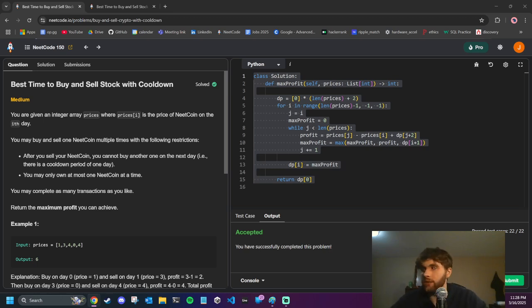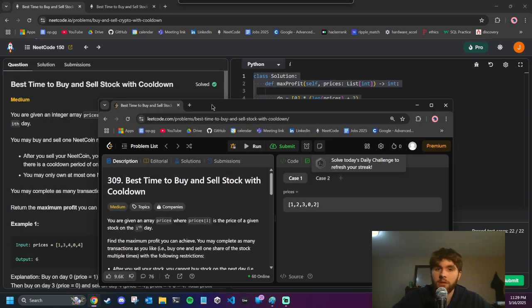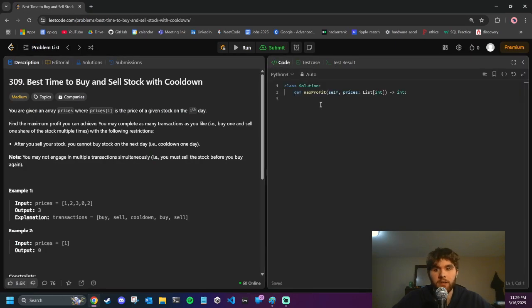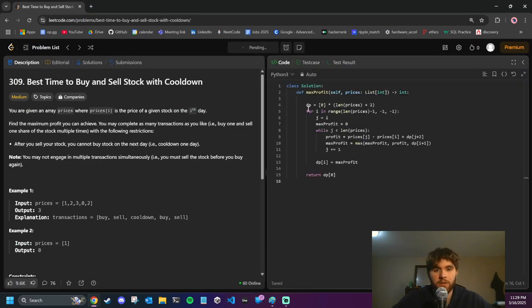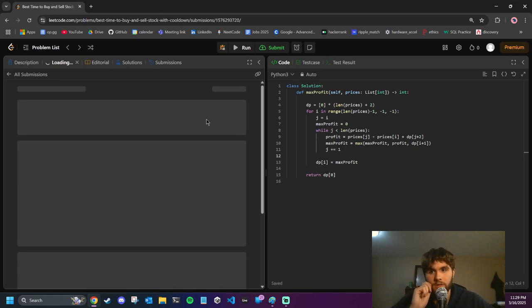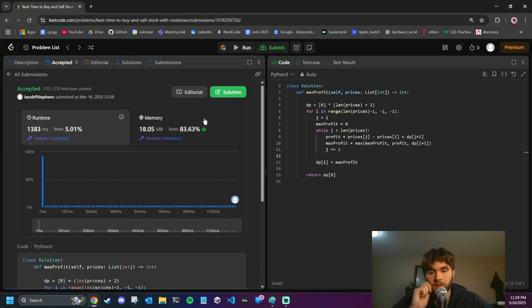It's called Best Time to Buy and Sell Stock with Cooldown, is that right? It might actually TLE on LeetCode because LeetCode is usually a little bit more strict with their timing. Okay, it got accepted, but there's clearly a linear solution.